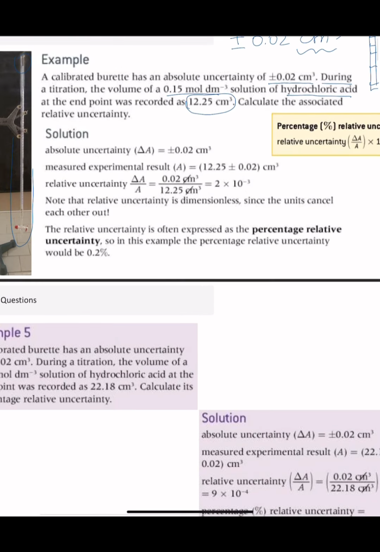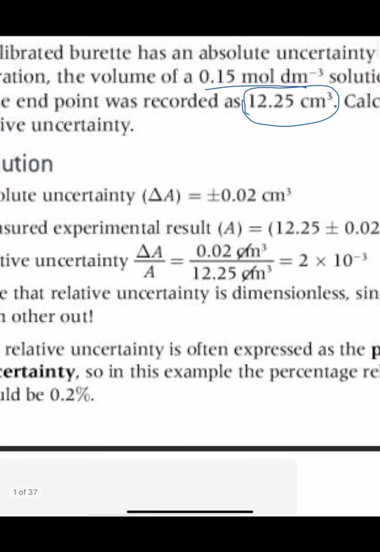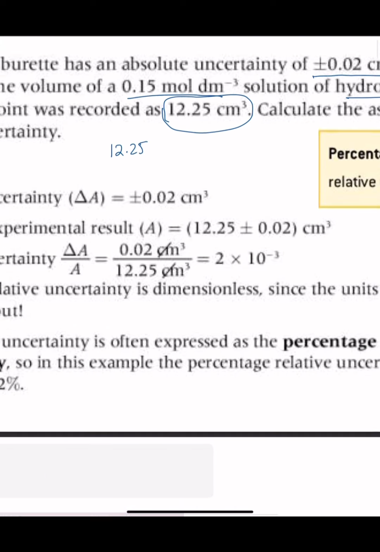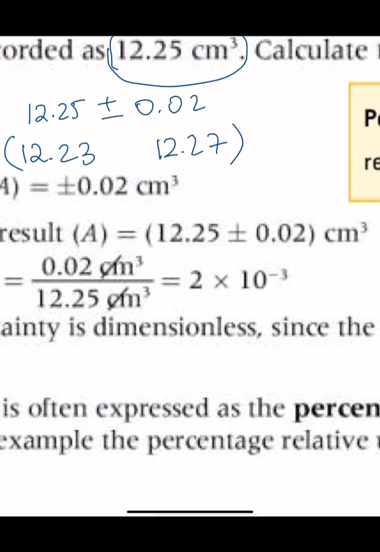So we ran the experiment, and the reading we have is 12.25. Because our uncertainty is 0.02, our actual value is in between 12.23 and 12.27. Okay? So this is how you get your range.